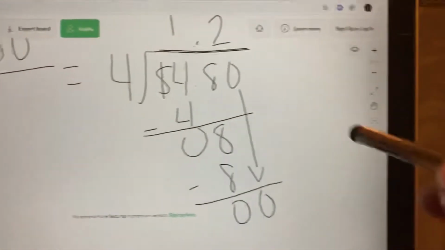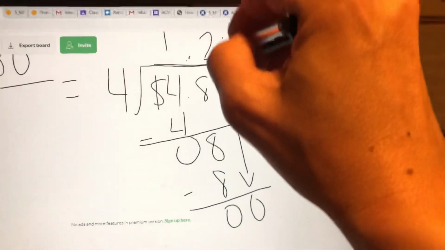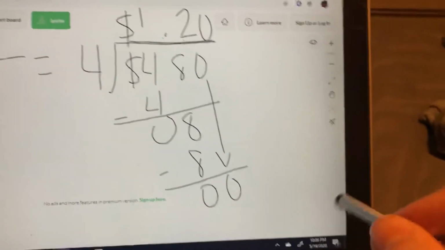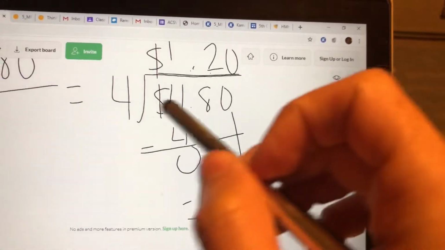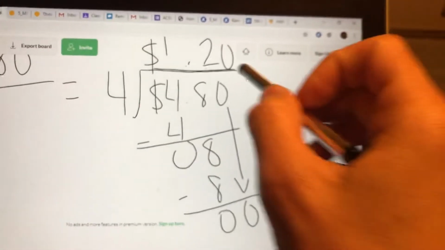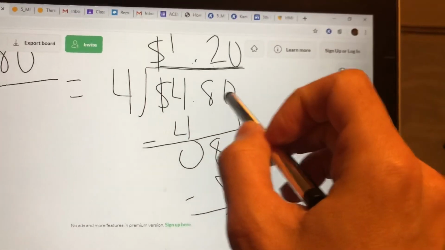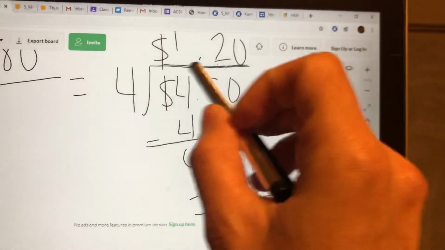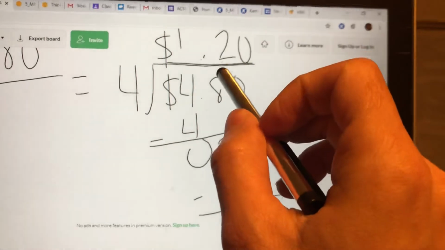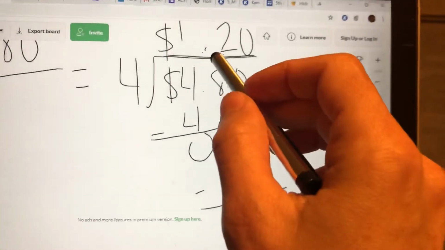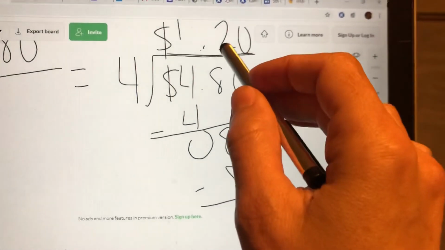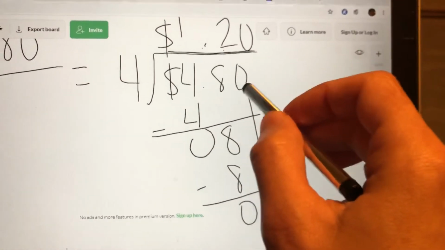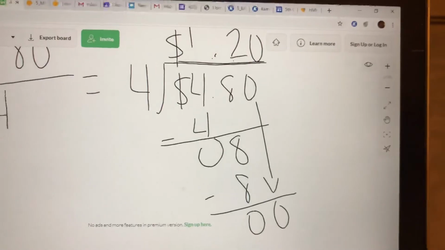Remember when we get to this part here, I have to put another 0 up here to finish dividing. If I brought down the number, I have to finish dividing this. 4 goes into 0, 0 times. No digit in the dividend can be left without a number up on top. Your quotient has to have a spot per number down here in your dividend, if that makes any sense.